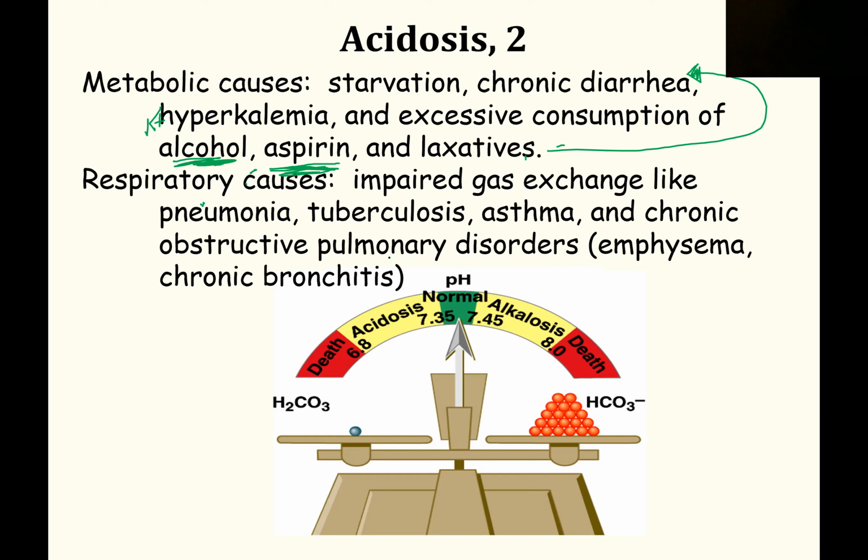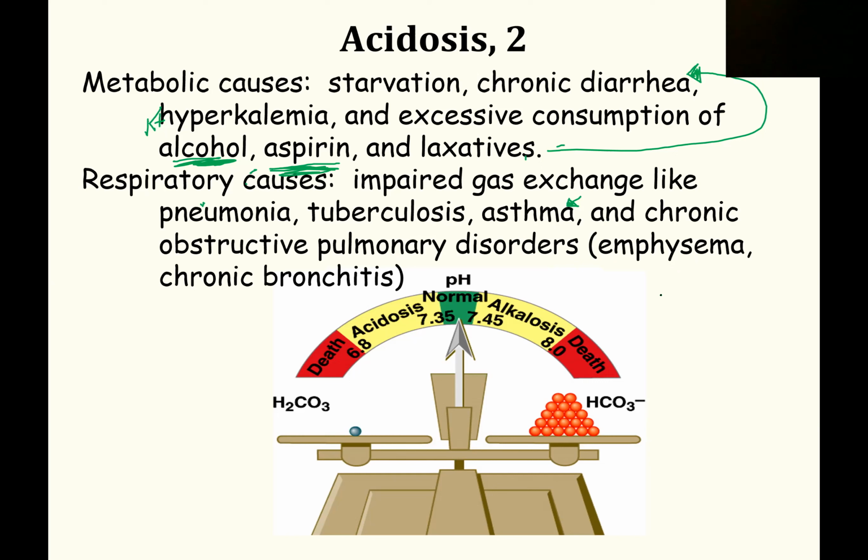In the lungs, it's going to create scar tissue in the alveoli, so it prevents gas exchange. Asthma, reduced airflow, impairs gas exchange. And then you have a whole cluster of chronic obstructive pulmonary disorders.